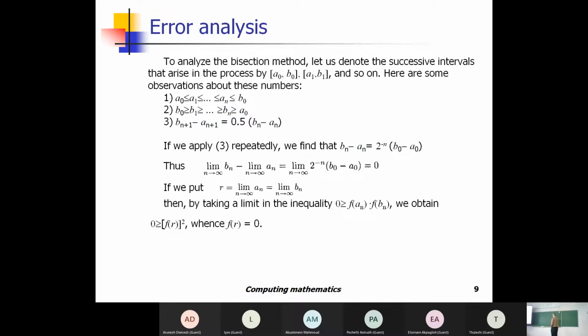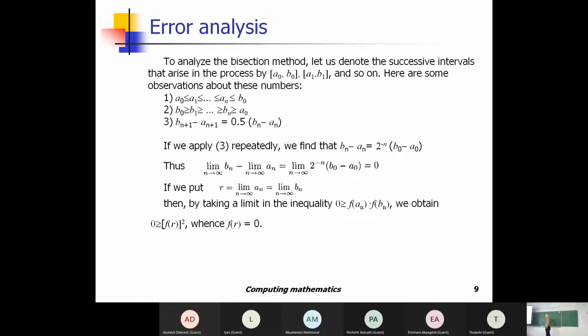It's very simple to find. This is the length of the first interval, b0 minus a0. What is the length of interval number 1? b1 minus a1 equals 1/2, or 0.5, times b0 minus a0.